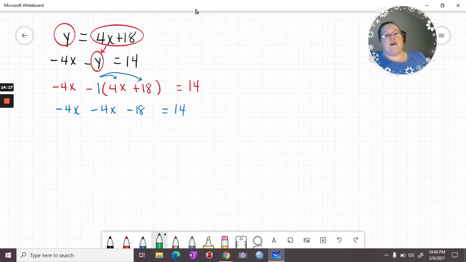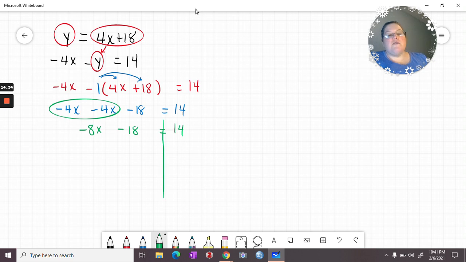Okay, so now I'm going to combine my like terms. Negative 4x and negative 4x is negative 8x minus 18 equals 14. And now from here we're going to do the same thing on both sides of our equation.